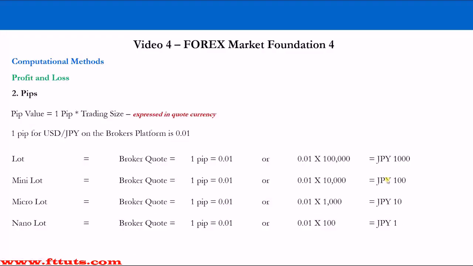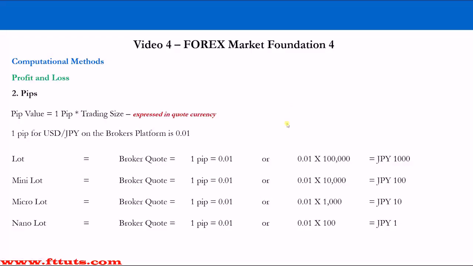So that, again, is all pretty straightforward, and you can apply the same situation and work this out in yen by taking the pip value from the broker's platform into this table, and then multiplying across by the sizes, and you get the pip value expressed in the quote currency.